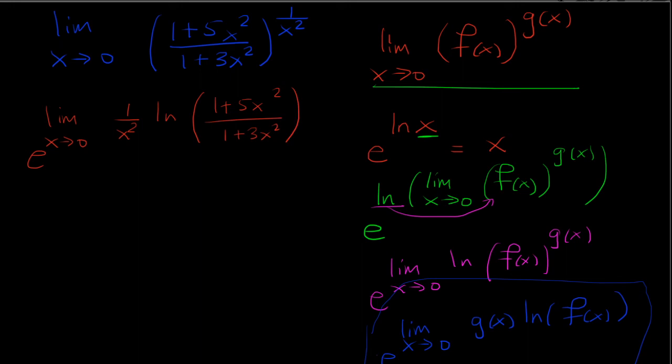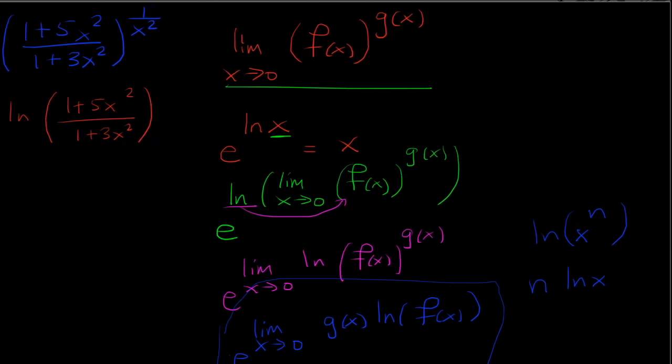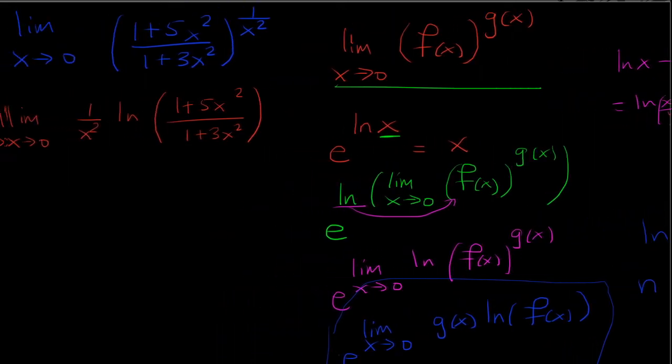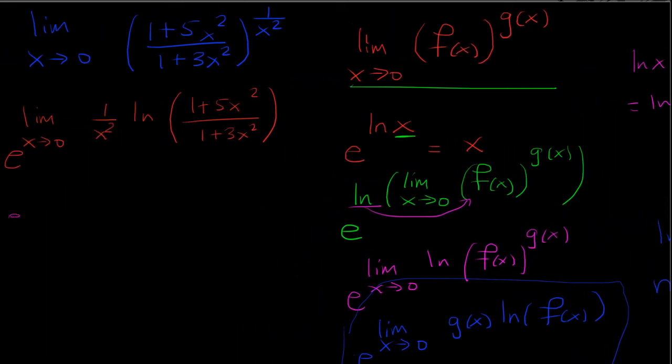Okay. So next property I'm going to use is I'm going to say that ln of x minus ln of y is equal to ln of x divided by y. Okay. So here I'm given ln of x divided by y, and that's going to be ln of x minus ln of y. So I'm going to subtract those. So it's ln of 1 plus 5x squared, and then minus ln of 1 plus 3x squared.